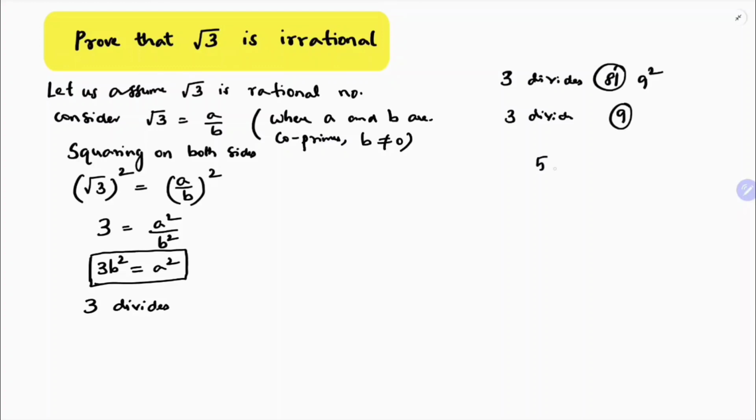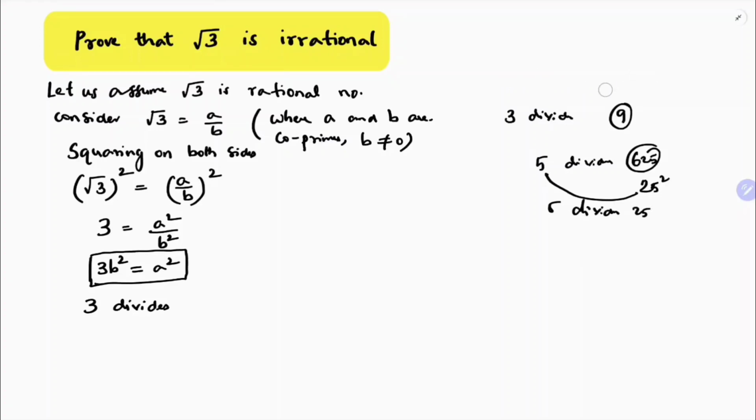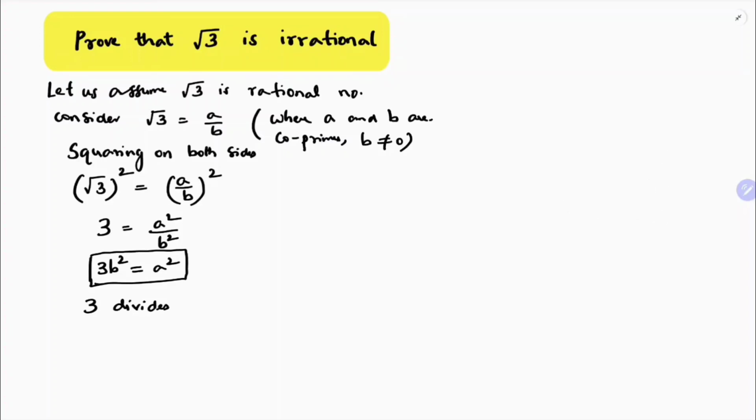For example, if 5 divides 625, which is 25 square, then definitely 5 divides 25. In the same way here, if 3 divides a square, then definitely 3 divides a.